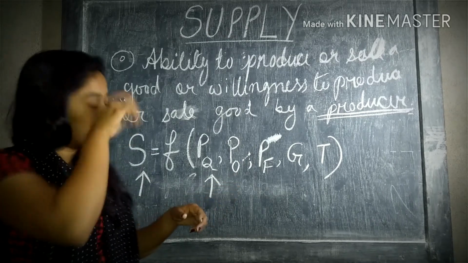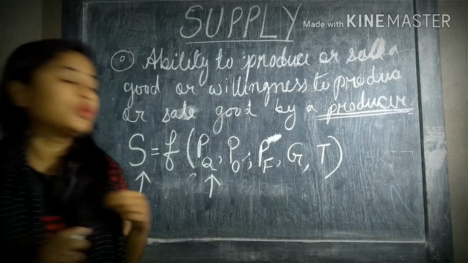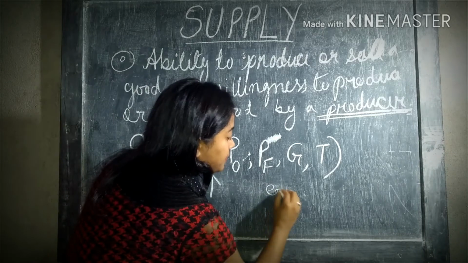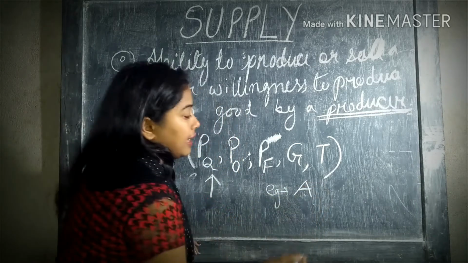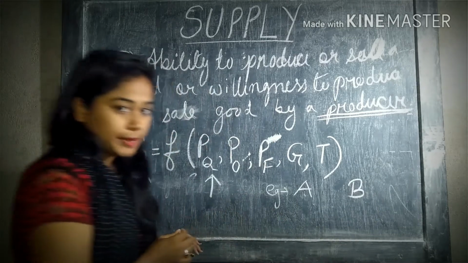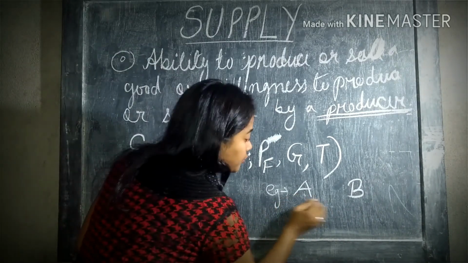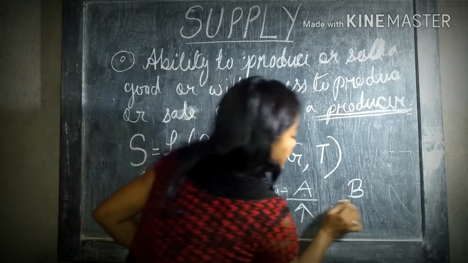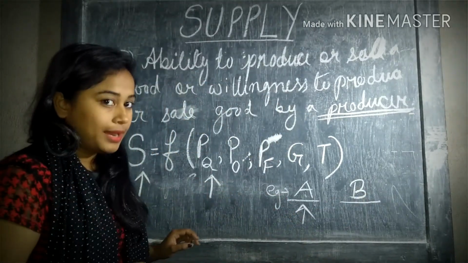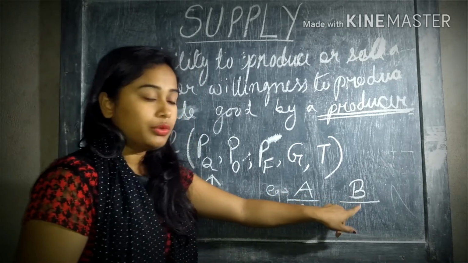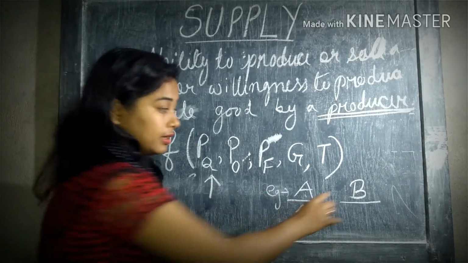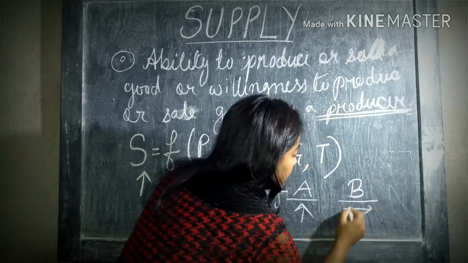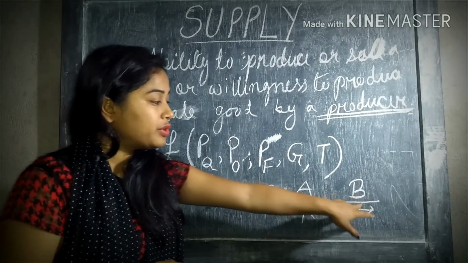Next thing is the price of other commodities. Here we can take an example of two goods. Suppose one good is A and another one is B. If the price of good A increases in the market, then the producer or supplier of B, whose price of commodity B has not increased and is constant in the market, what will he do?